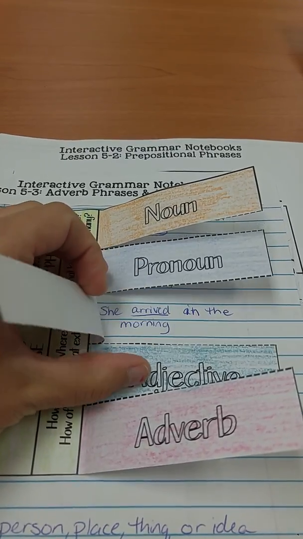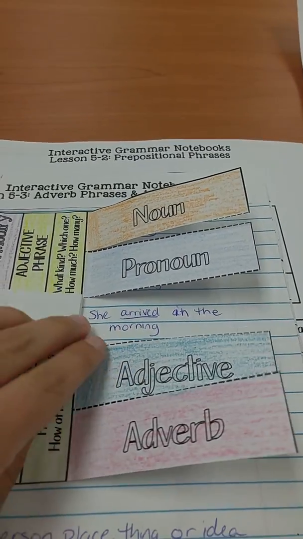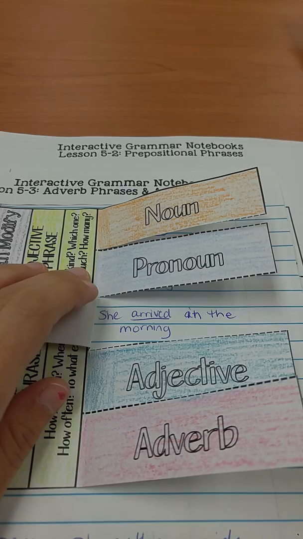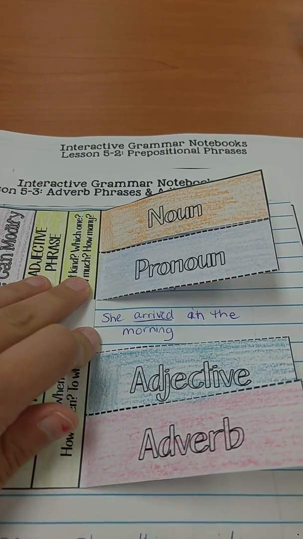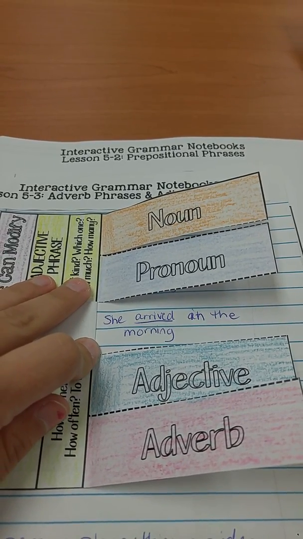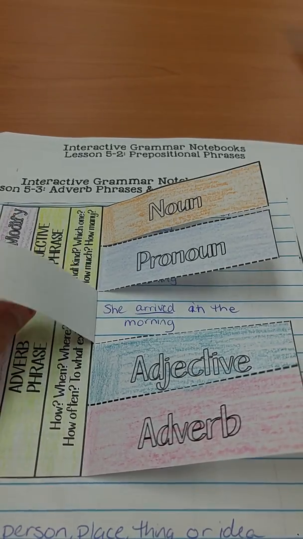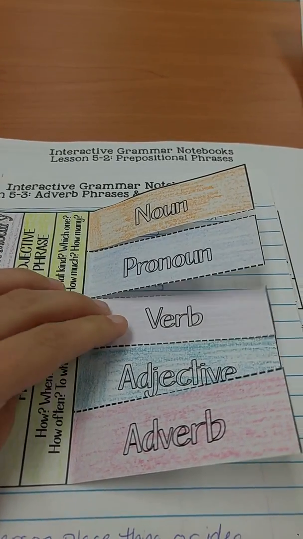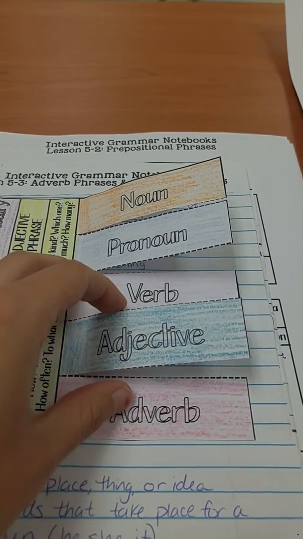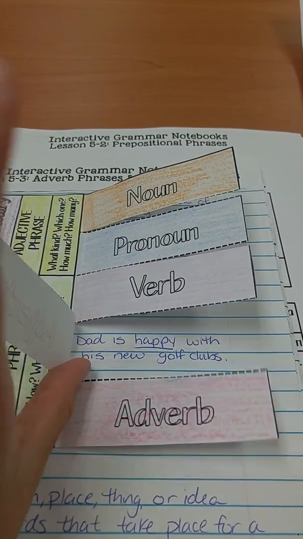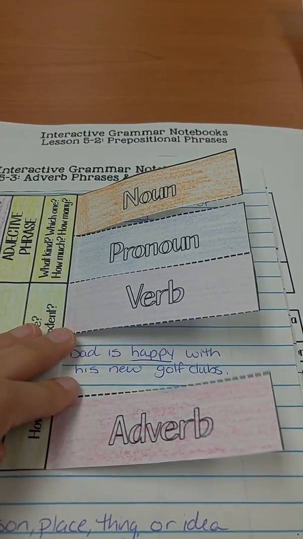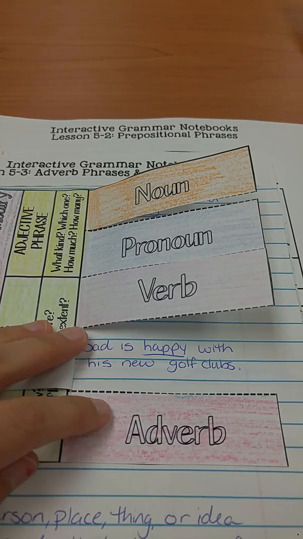Now we have the verb. She arrived in the morning. Arrived is the verb, so arrived in the morning would be my phrase. Arrived is an action. For the adjective, Dad is happy with his new golf clubs.